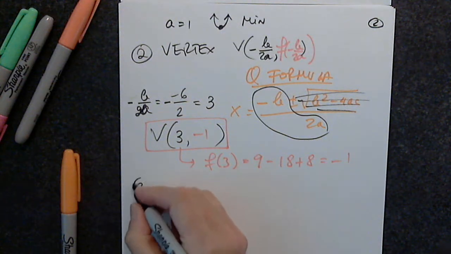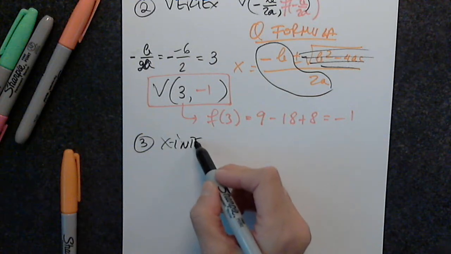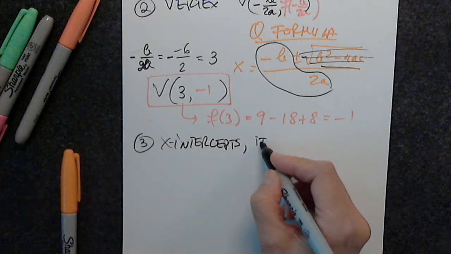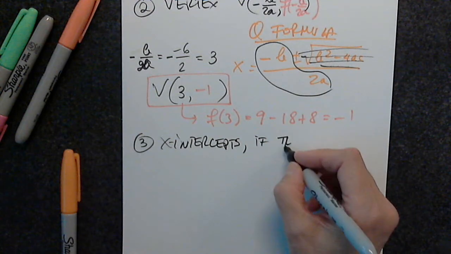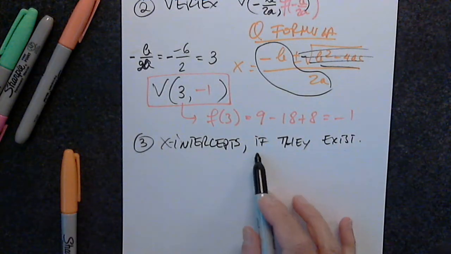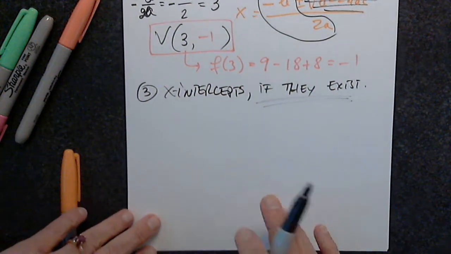Okay, in step number 3, x-intercepts, of course, comma, if they exist. What does that mean, if they exist? So here's what I would like to discuss for a moment.